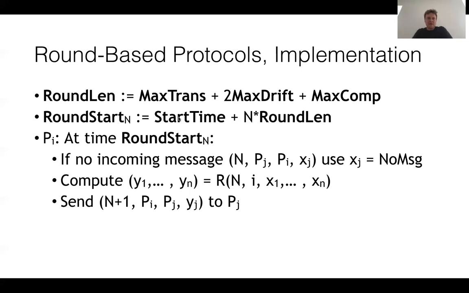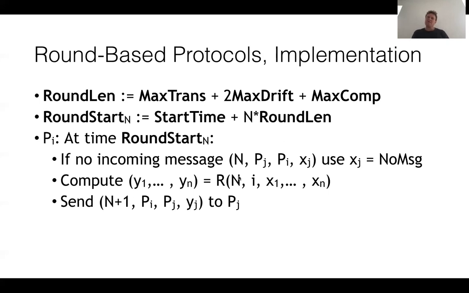And then what each party will do in a protocol like this is it has some kind of function, the round function, which describes what is the computation being done in the protocol. The protocol should do something interesting. We just encapsulate that into the round function.